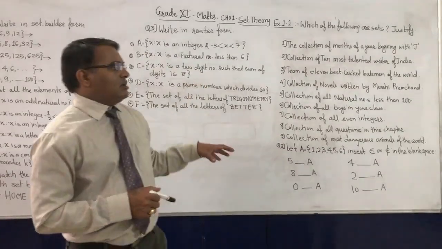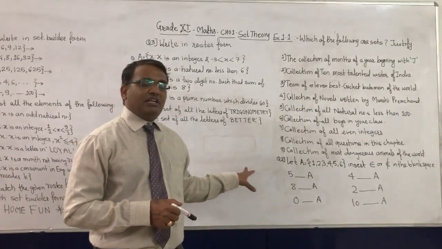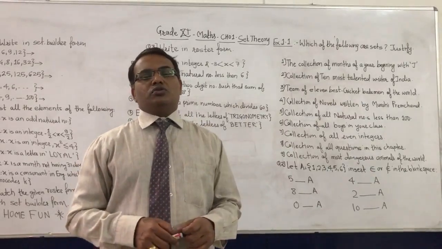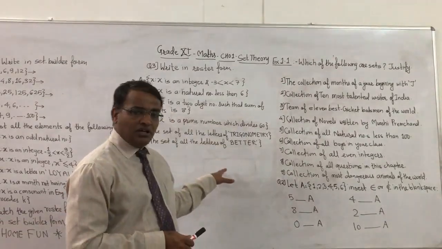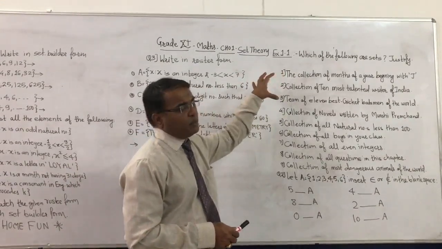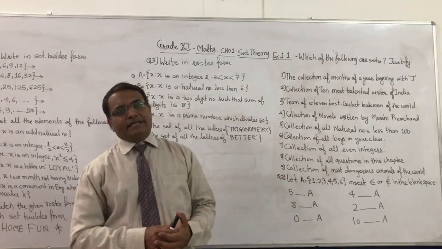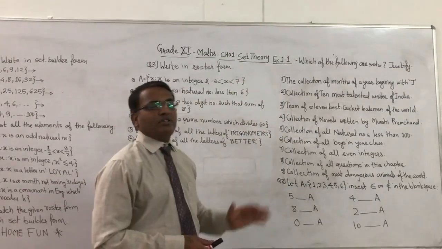Exercise number 1.1 is based on the definition of set builder method and roster method. So let's have a look at it. Question number 1, exercise 1.1: Which of the following are sets? Justify. They have given 9 examples.